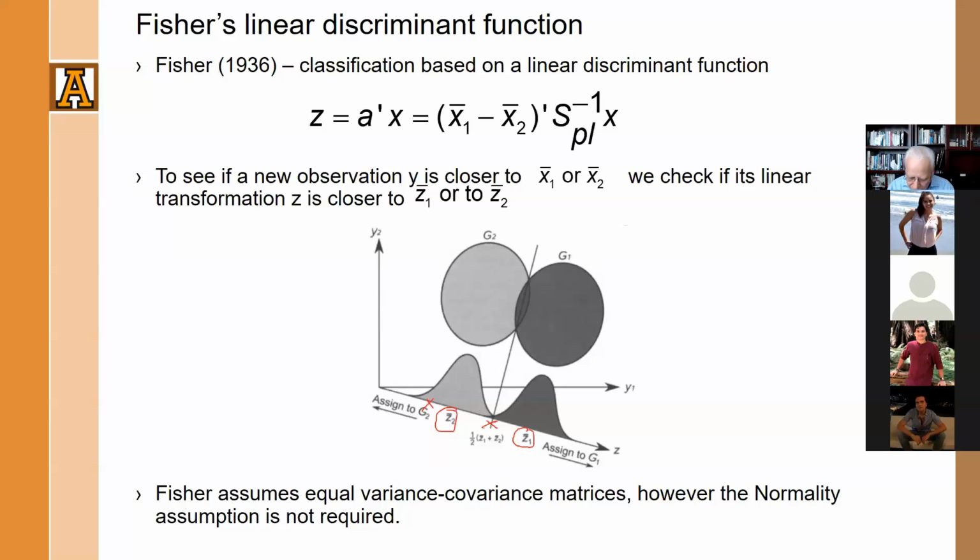Okay, but if an observation is here, that's more likely to come from group number 1, right? And if an observation falls here, that's more likely to come from group number 2. So I would assign it to group number 2. So my cutoff point is the middle, the halfway between the two transformed means.